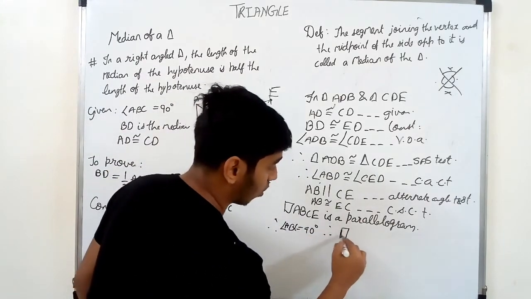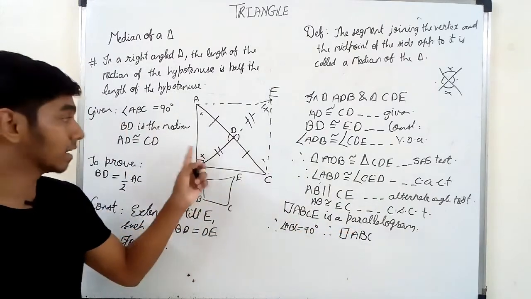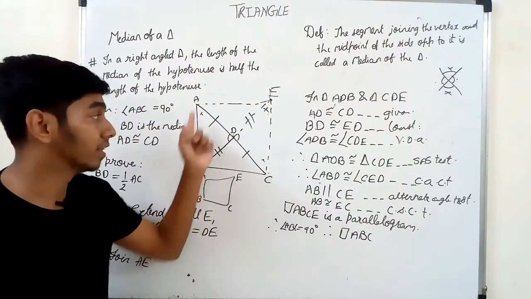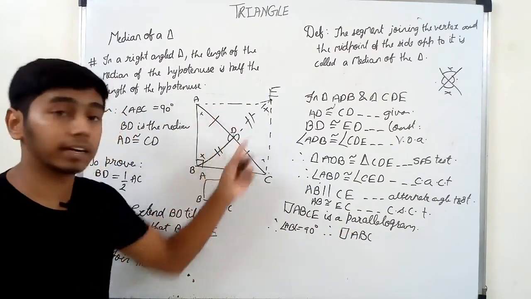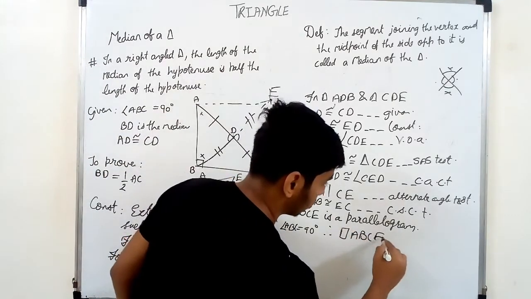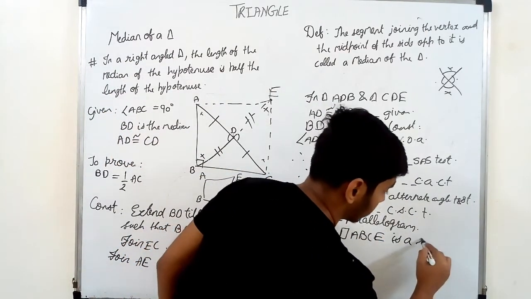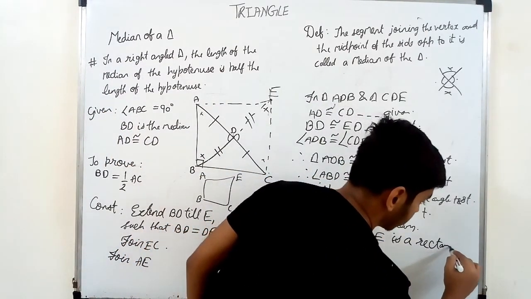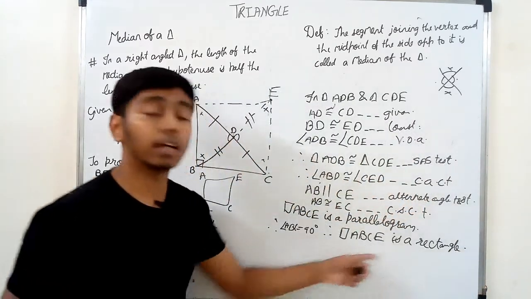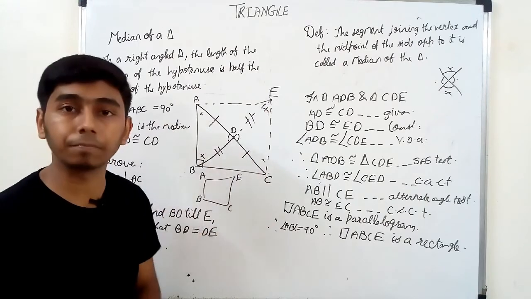Therefore, even if one angle is 90°, the quadrilateral becomes a rectangle. So ABCE is a rectangle, correct?